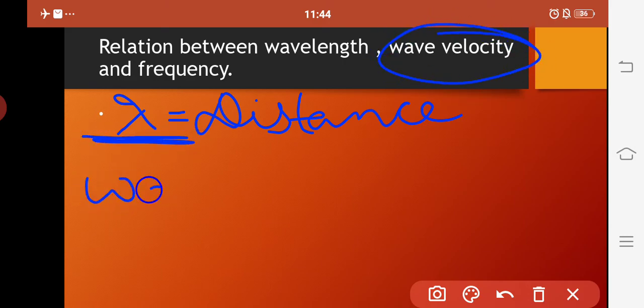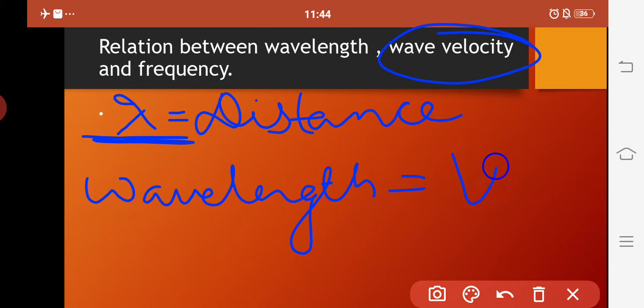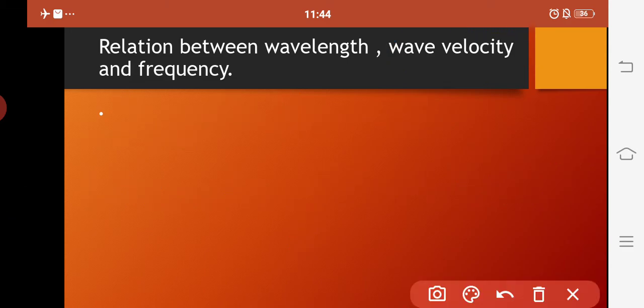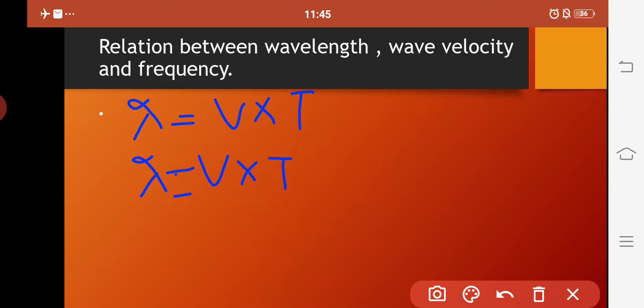Therefore, wavelength, that is distance, is equal to speed, that is wave velocity represented by v, into time. So lambda is equal to v into t, where lambda is wavelength, v is wave velocity and t is time period. Is that clear? So we have lambda equals v into t.